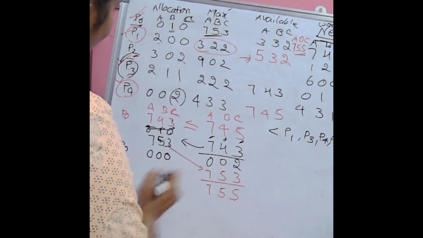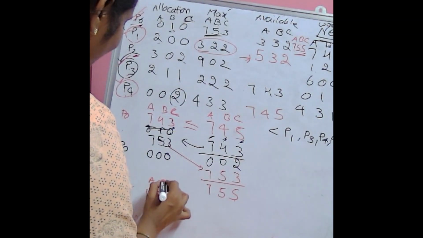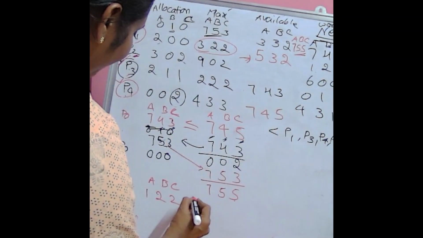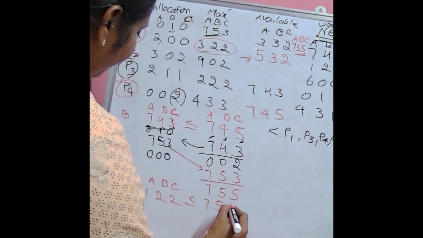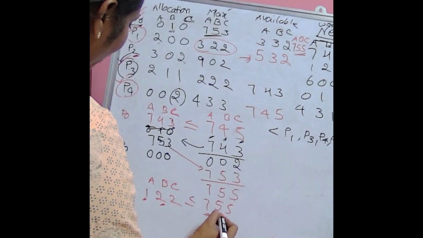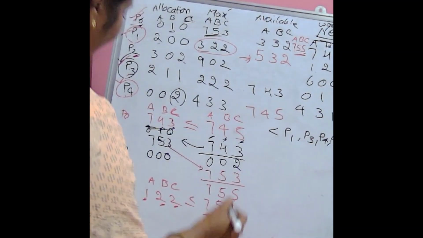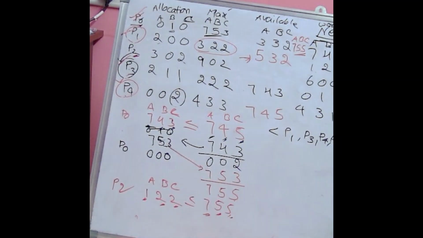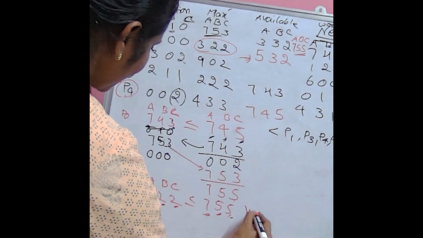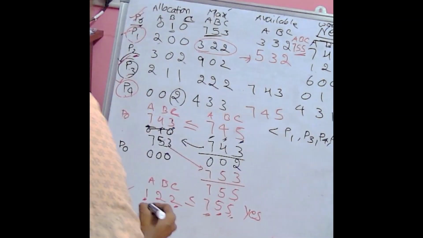P2. What is the P2 need? 1, 2, 2 for A, B, C. But we are having 7, 5, 5. It requires 1, we are having 7; it requires 2, we are having 5; it requires 2 units of C, we are having this. So we can allocate these resources to P2.